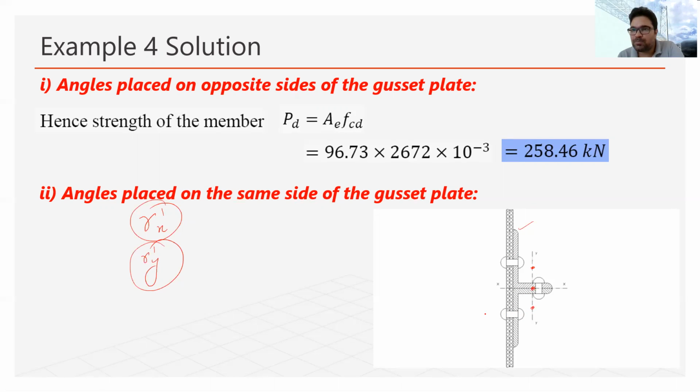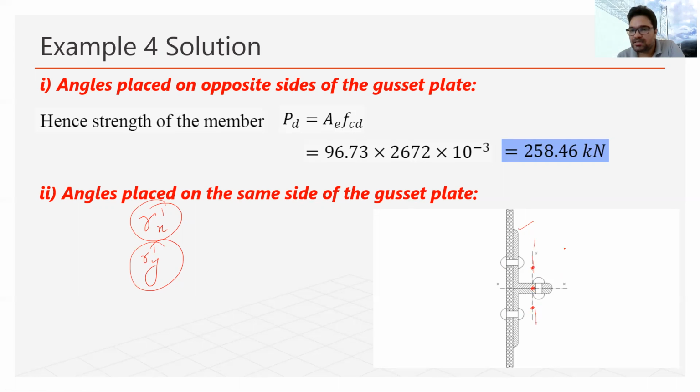In the previous case, it was the x-axis along which all three CGs were in the same line. Now in the second case, along the axis YY, the CG of the individual angle section and the whole assembly lie along the y-axis.